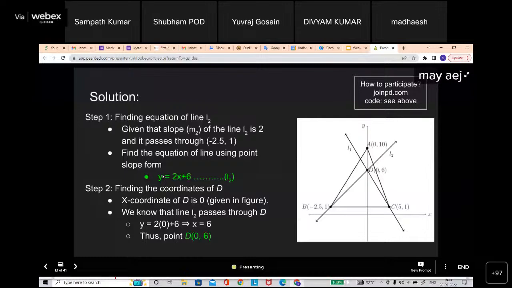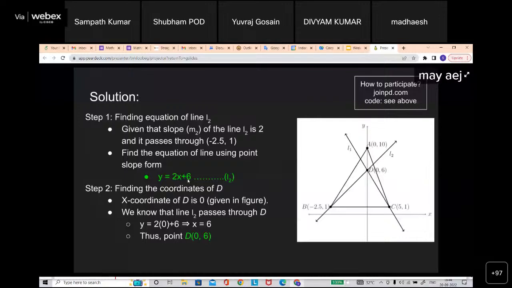The formula is y minus y1, where y1 is the point coordinate, equals slope m times x minus x1. If you substitute these values, you will get the equation of the line as y is equal to 2x plus 6.